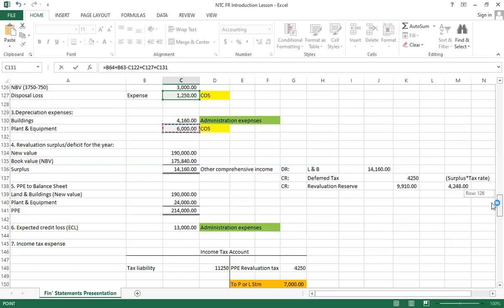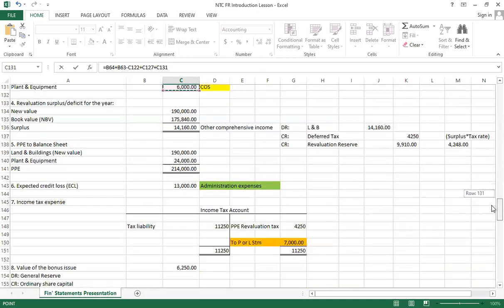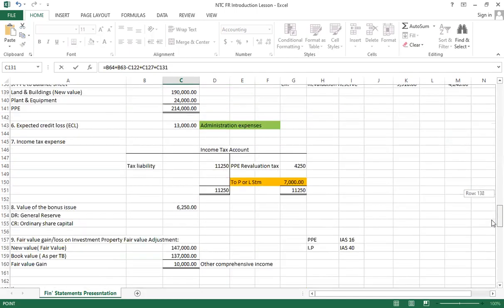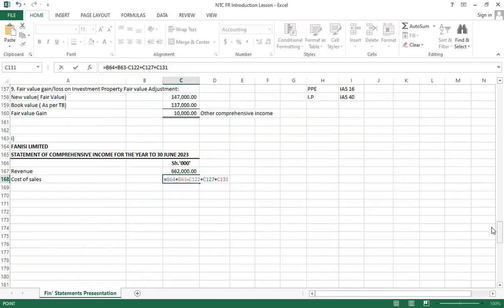When I check down there, I do not have another expenditure that should go to the cost of sales. That means that the cost of sales comes to about 440. But remember, we need this as a negative, so I'll put minus and then the whole of this in brackets.